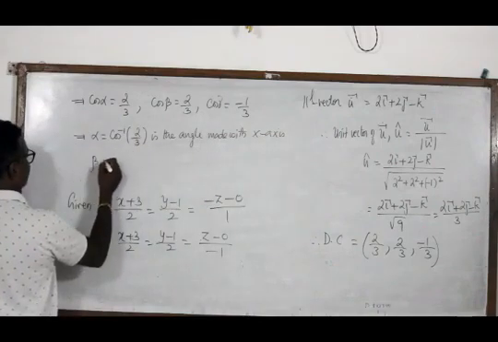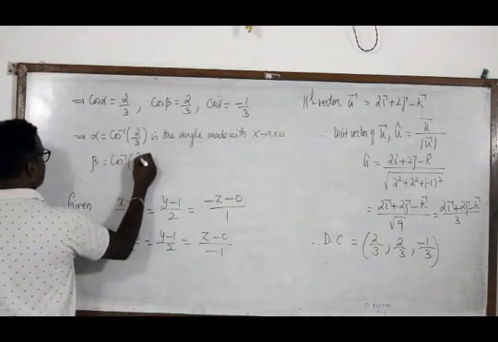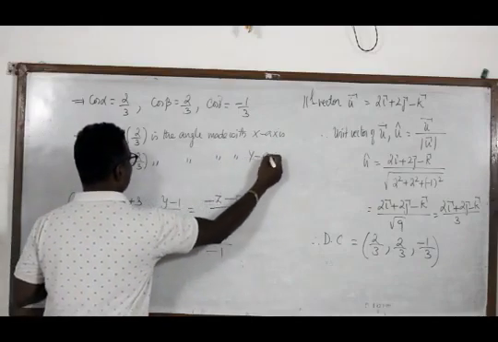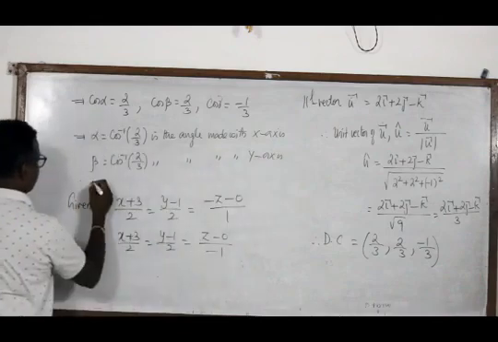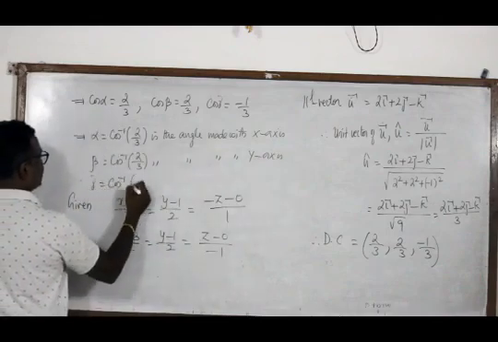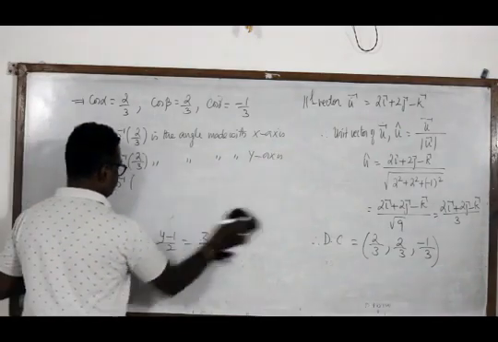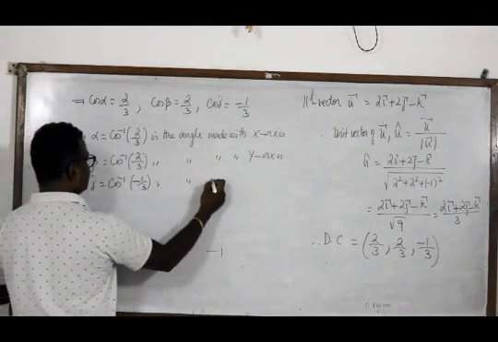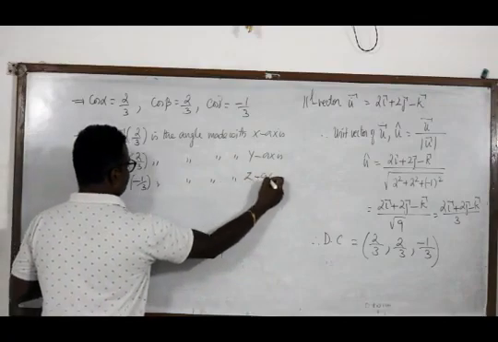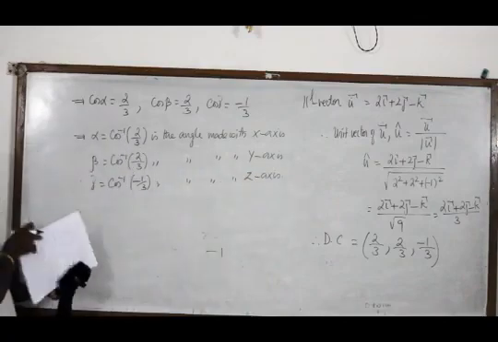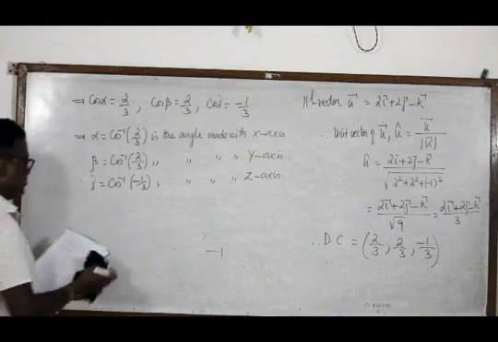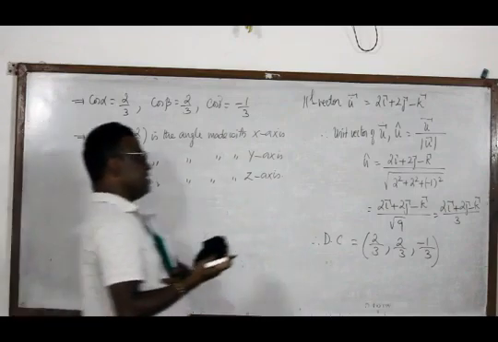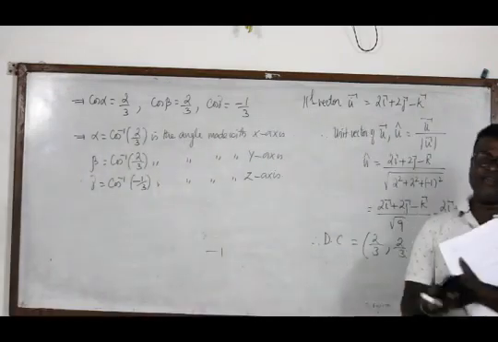Similarly, beta equal to cos inverse of 2 by 3 is the angle made with the y-axis, and gamma equal to cos inverse of minus 1 by 3 is the angle made with the z-axis. So we can find the angle made by that line with the axes.